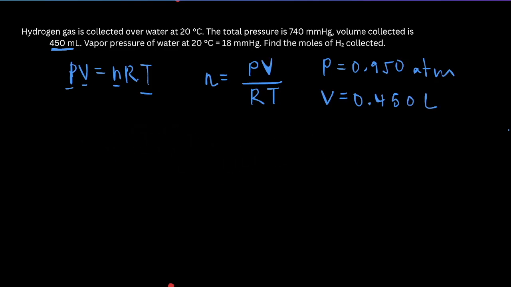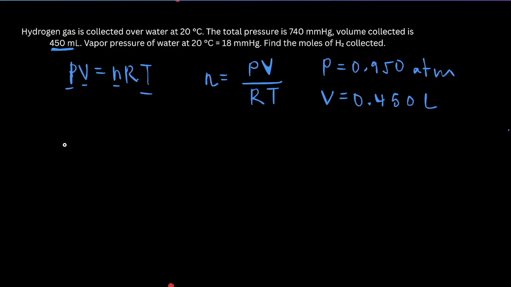Next, we already have our gas constant, so there's no conversion needed there. But we have to convert our temperature, which is given in degrees Celsius, to Kelvin.